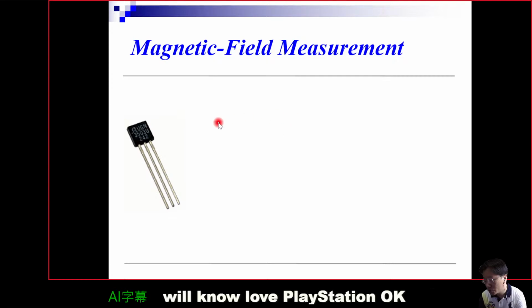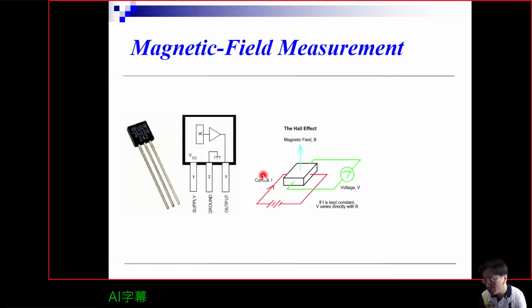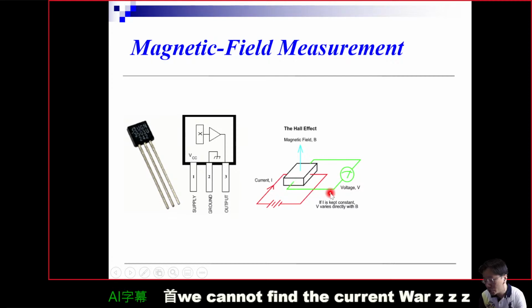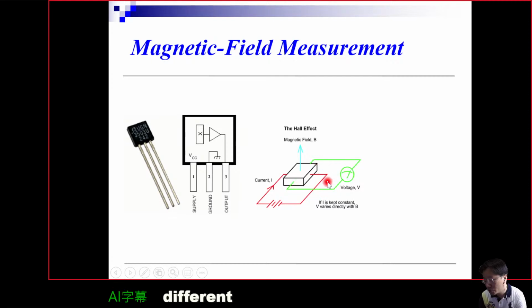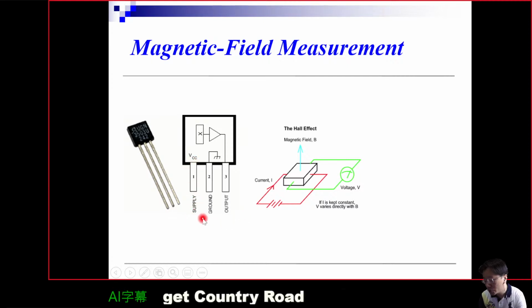So this is the actual device that we call the Hall IC, and this Hall IC looks like this. So we can apply the current to this IC and measure the voltage difference here. But in practice we will just control the voltage that we apply and measure the voltage difference.